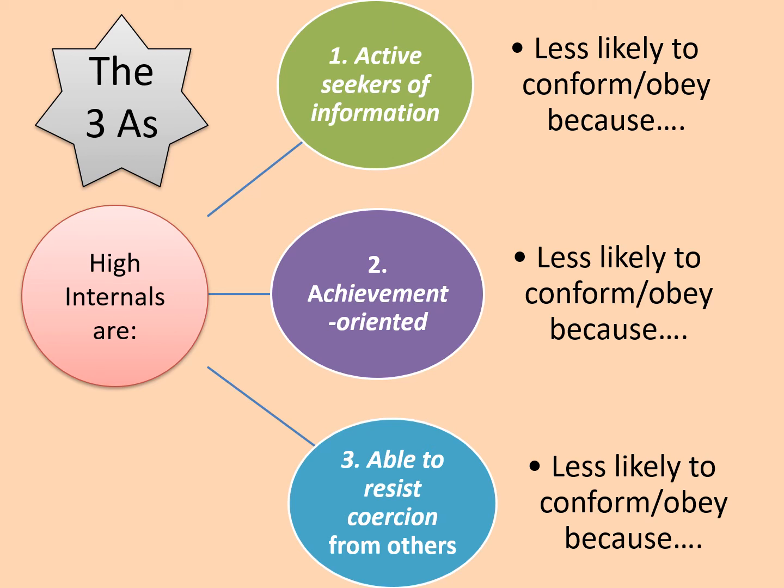Somebody with an internal locus of control would be able to resist that coercion. They would still stand up to the person. So pause the video and identify why people will resist coercion. Pause the video and think about those 3 A's. Why are people going to resist that social influence, those 3 things, if they're internal?